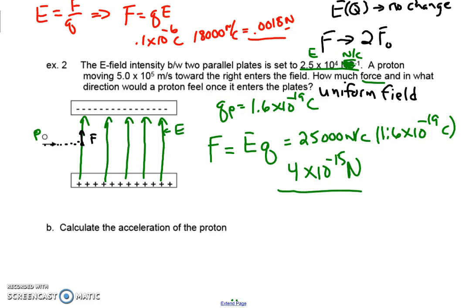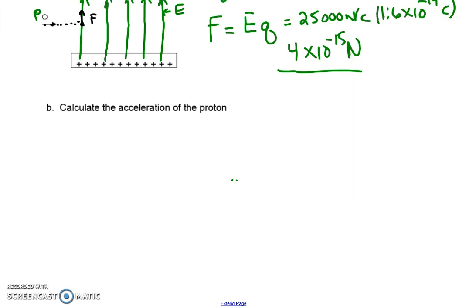We could then ask, what's the acceleration of that proton? And acceleration is A. Hopefully, you realize that if we know the force, the acceleration is F over m. The proton's mass can be found in your reference tables, right in the front. Okay, you probably don't have them in front of you. I will give you the value, but understand that that's something you should be able to find.